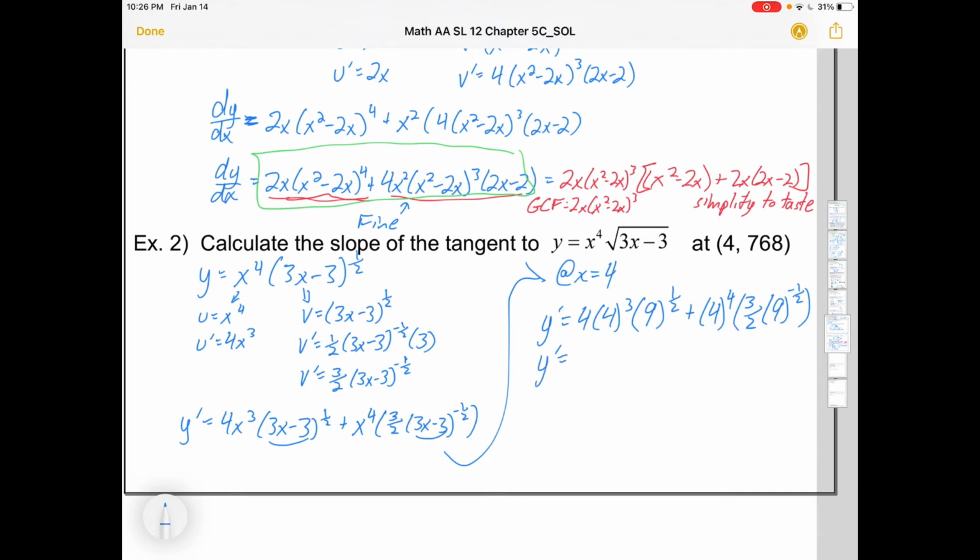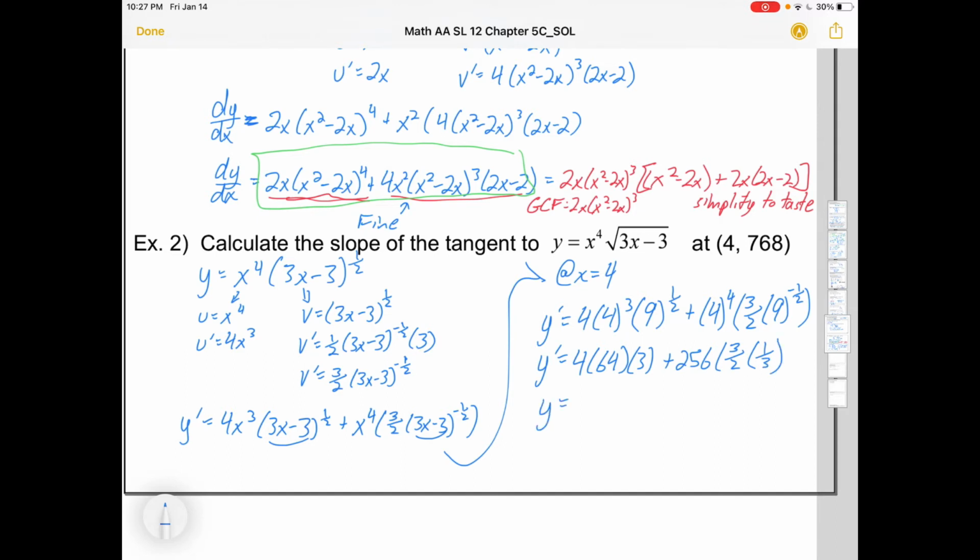Yeesh. So that's 4 times 64 times 3 plus 4 to the 4 is 256. These are probably bigger numbers than you would get necessarily on an IB paper 1. 3 over 2, and 9 to the negative a half means flip it and square root it, so that's 1 over 3.